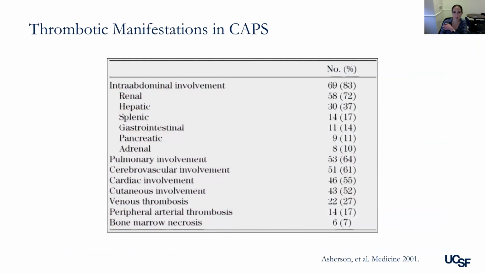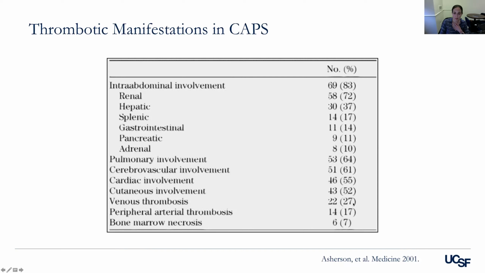So in terms of the thrombotic manifestations that we see in CAPS, I alluded to some of these on the previous slide, but just to point out here a few things. Renal involvement is seen in about 70 to 75% of patients, so very common. Pulmonary involvement, neurologic involvement, cardiac involvement, and cutaneous involvement are also very common, in the 50 to 60% range.